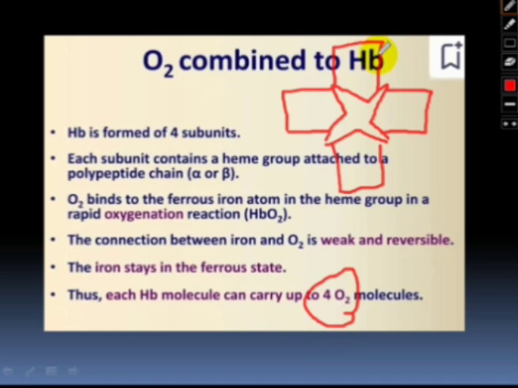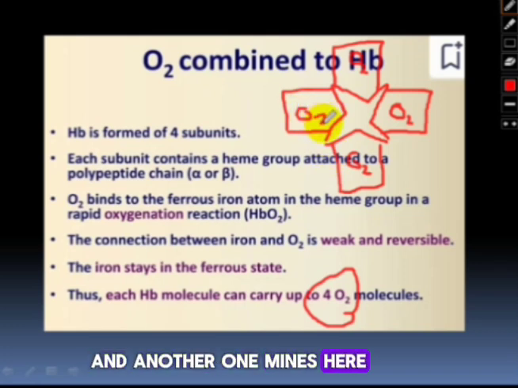So oxygen binds here, oxygen binds here, oxygen binds here, and another one binds here.